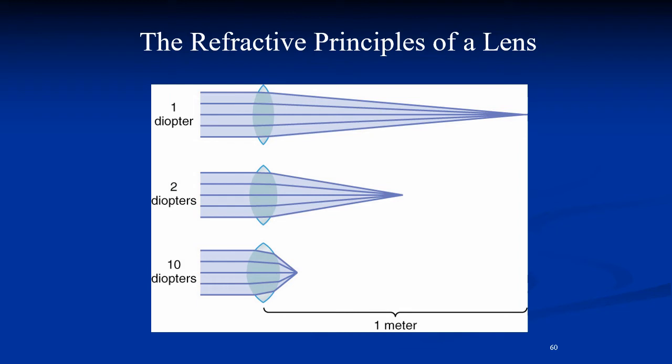The refractive principles of a lens. Lenses can have a dioptric value, for example 1 diopter. It means the rays coming from far infinity will be focused at 1 meter when they pass through the lens. 2 diopters means the lens will converge the rays at 0.5 meter or 50 centimeters. A 10 diopter lens means the rays coming from far infinity will be focused at 10 centimeters when they pass through the convex lens.